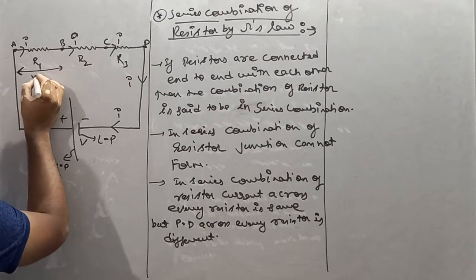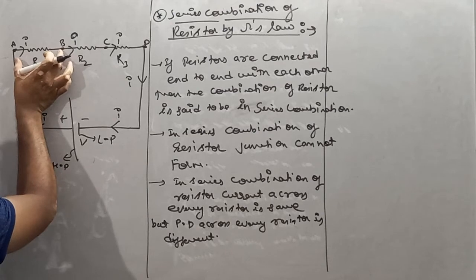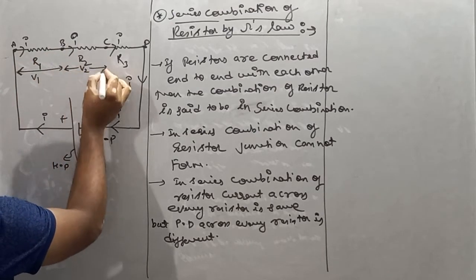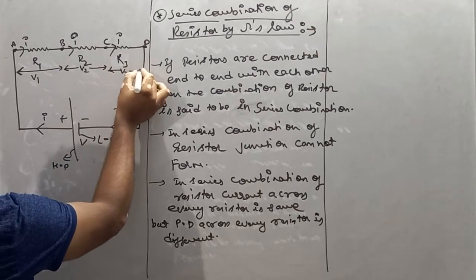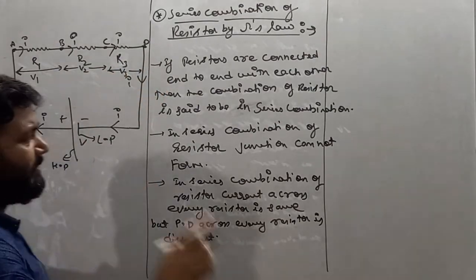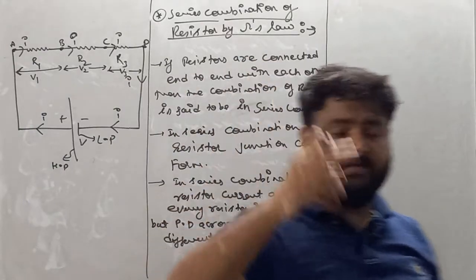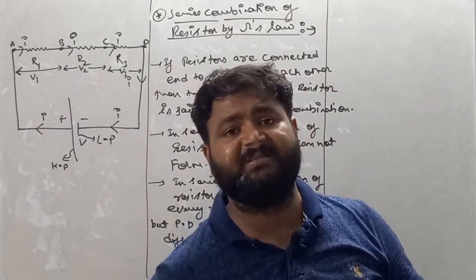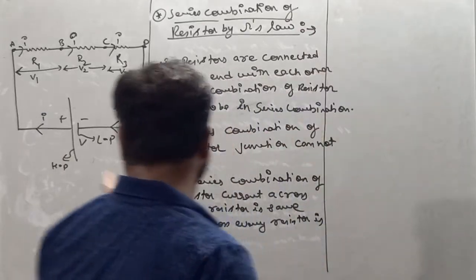So see, if you wish to flow the current, there must be some potential difference between all these points. So let's suppose potential difference across R1 is V1, potential across R2 is V2, and potential across R3 is V3. But remember, my dear student, the net potential of the circuit is always equal to the potential of the battery.